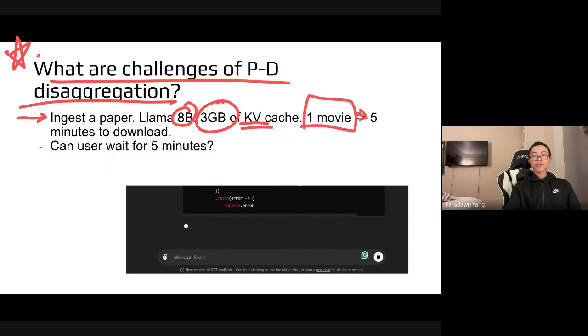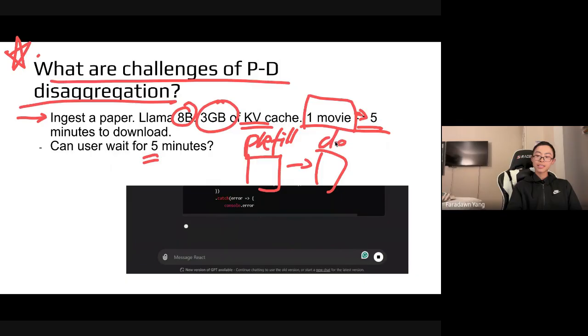And if you use Wi-Fi to download the movie, it takes 5 minutes. So can you wait 5 minutes for the KV cache to transfer from prefill to decode instance so that you can get your first token back?